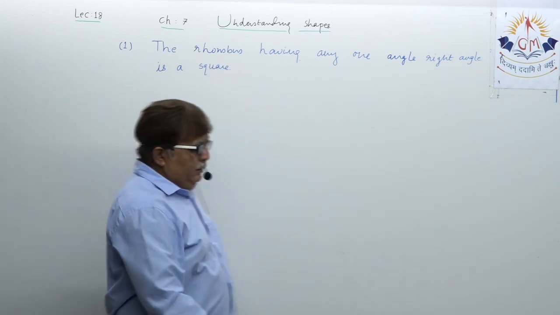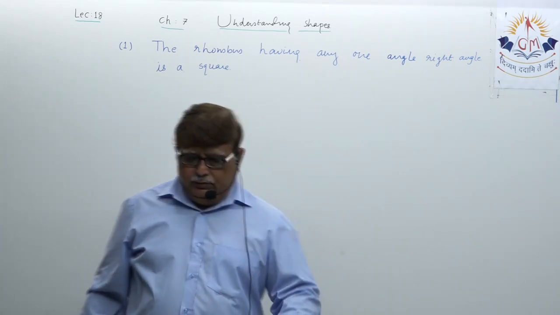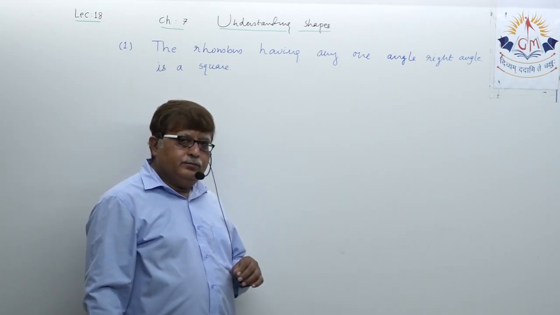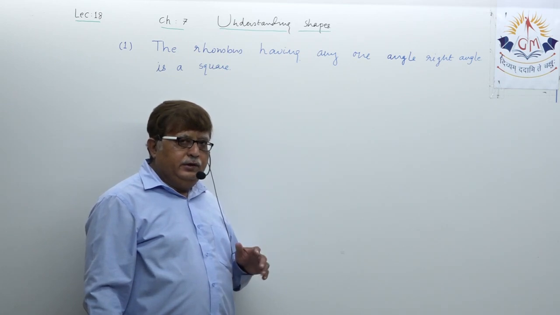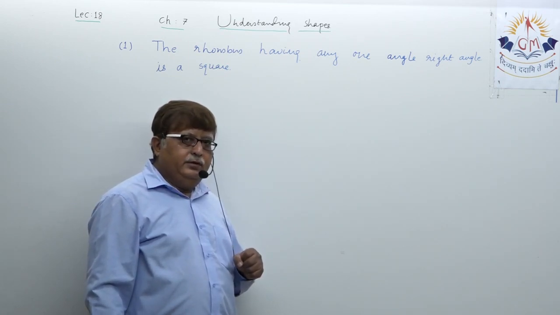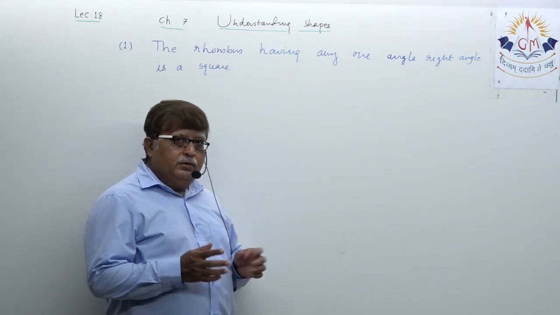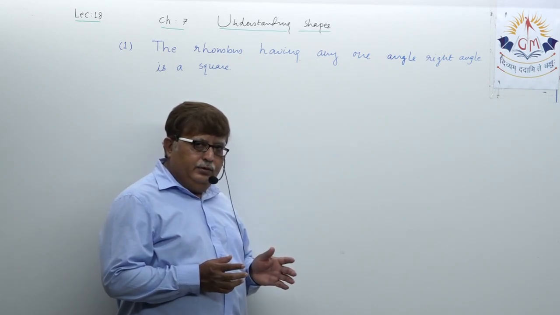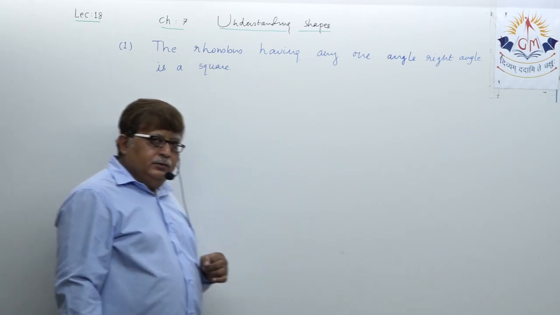Understand? The basic is, first you need to understand the statement, what they are actually narrating, that there is some contrast in one property of rhombus and square that you know.